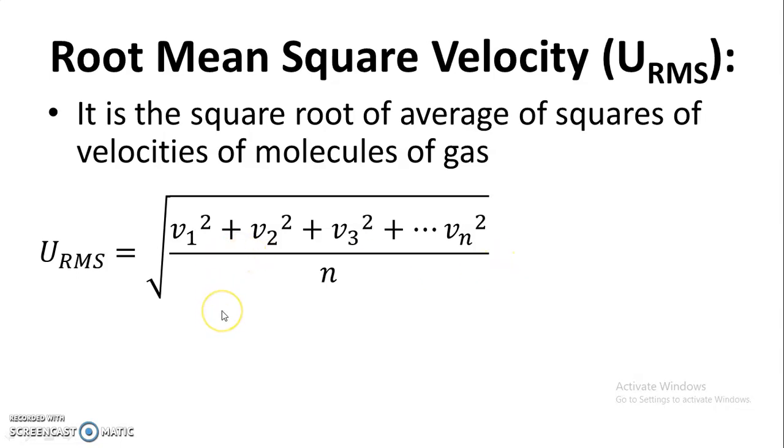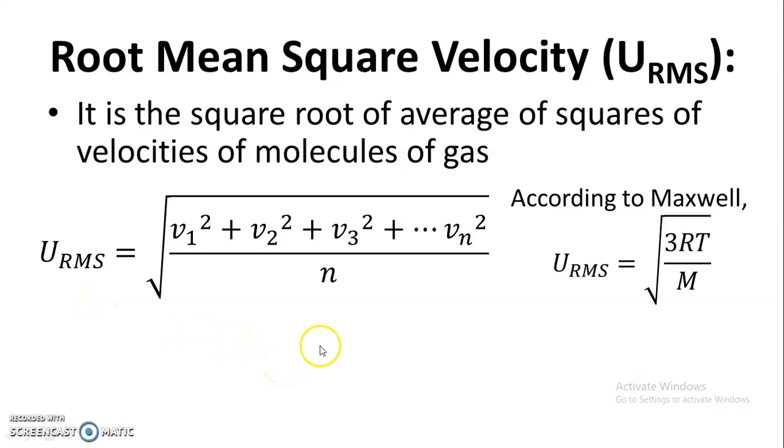You know, v1, v2, v3, vn are the individual velocities, and n is the number of molecules present in a sample. So this is the formula for U_rms. According to Maxwell, root mean square velocity is equal to under root 3RT upon m. T is absolute temperature, m is molar mass, R is gas constant. So this is the root mean square velocity.